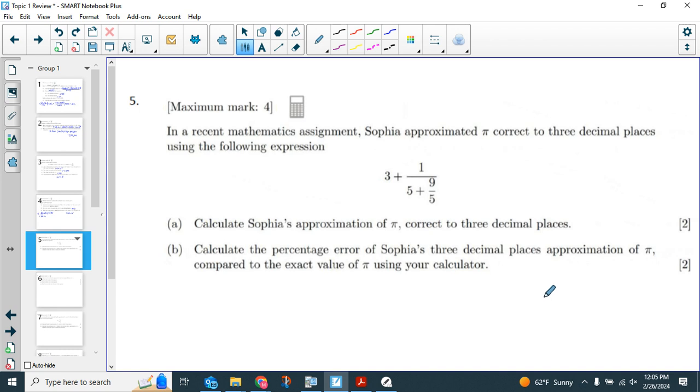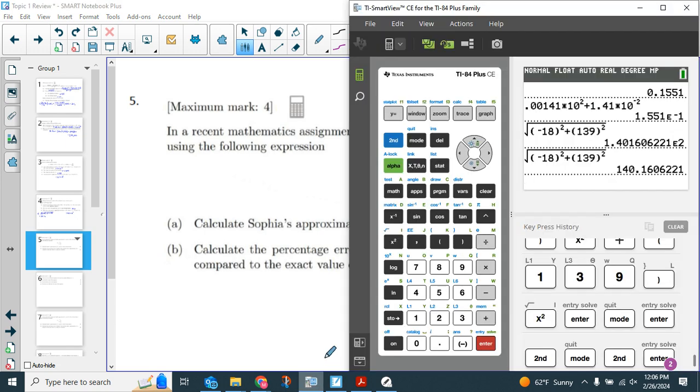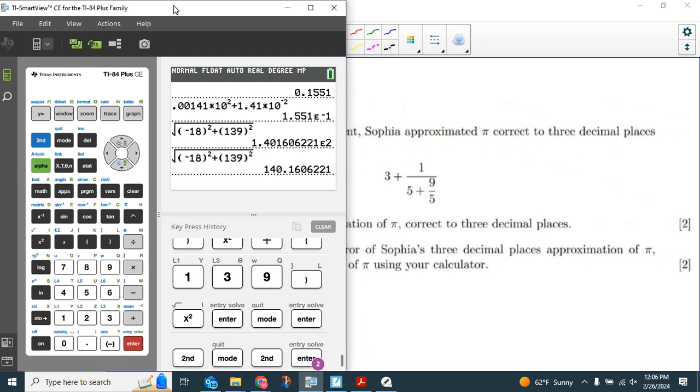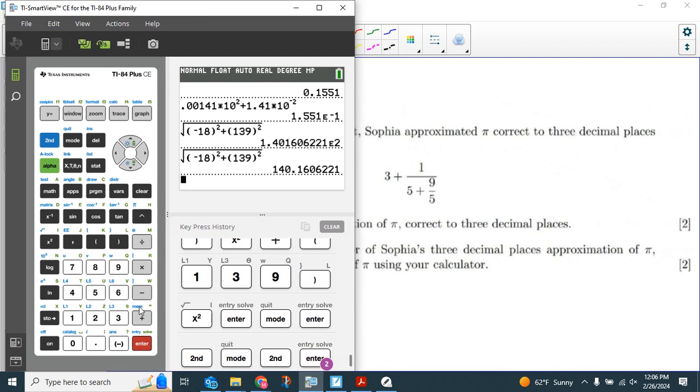All right, number 5. In a recent mathematics assignment, Sophia approximated pi correct to 3 decimal places using the following expression. All right, A, calculate Sophia's approximation of pi correct to 3 decimal places. So we come here to our handy dandy calculator.